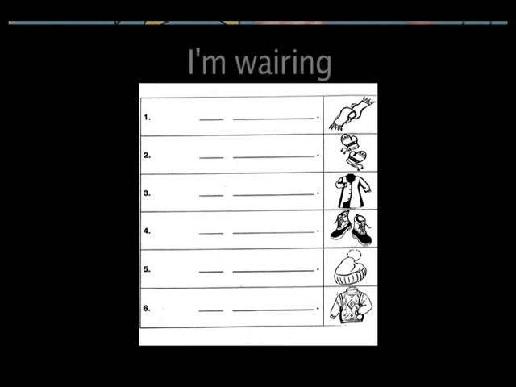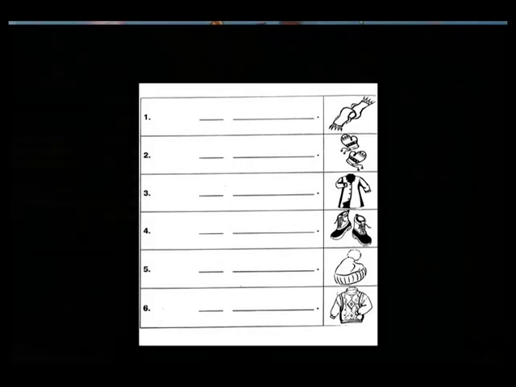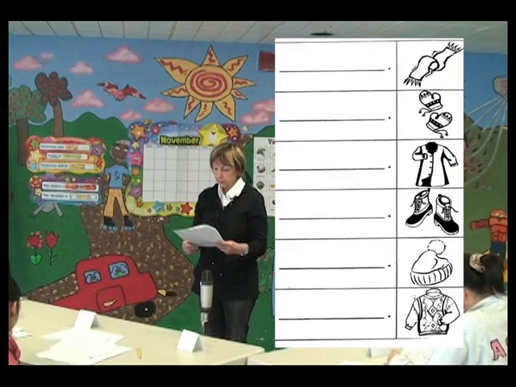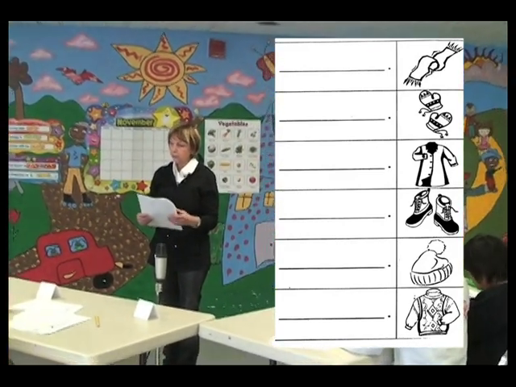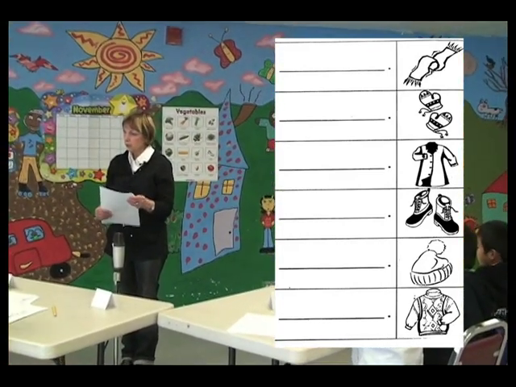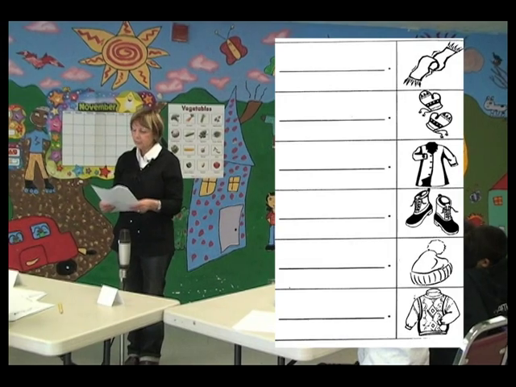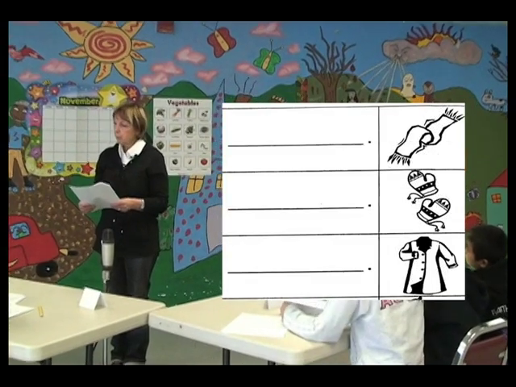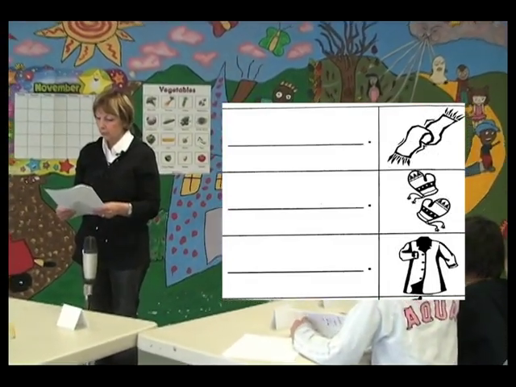Here we have an activity, and the title is I'm wearing, and you have 6 pictures of different clothes. I want you to name those clothes. So for example, number 1 is a picture of a scarf.